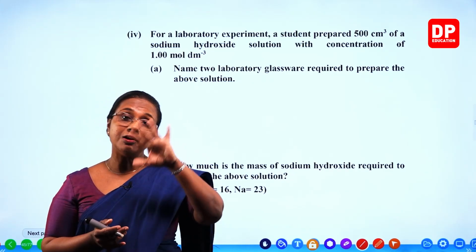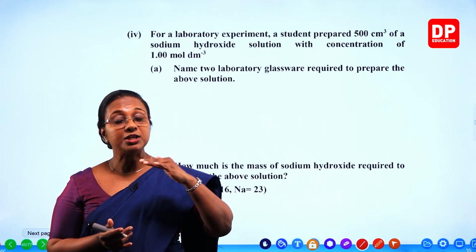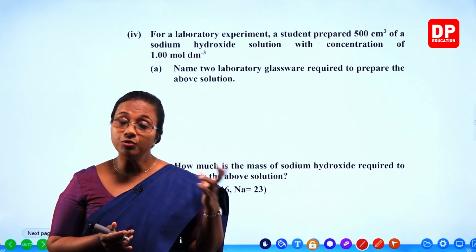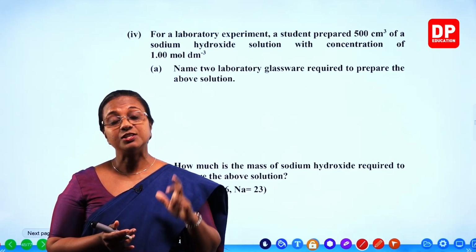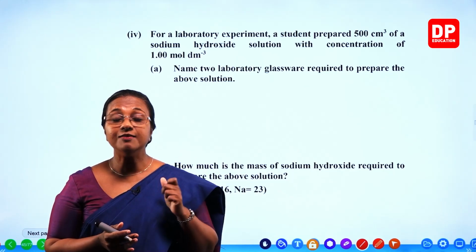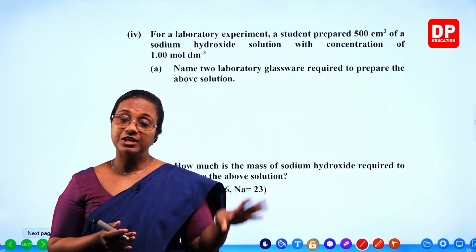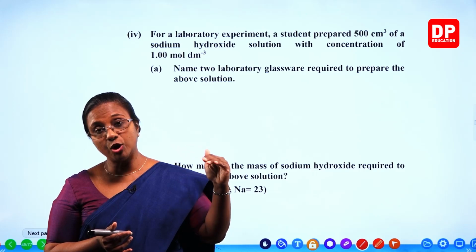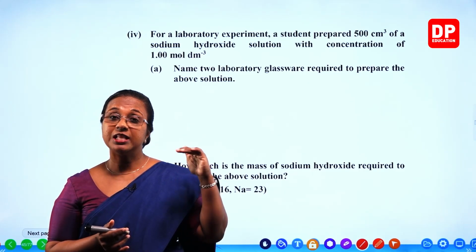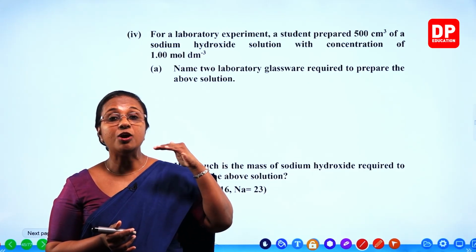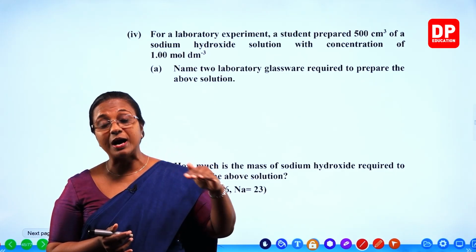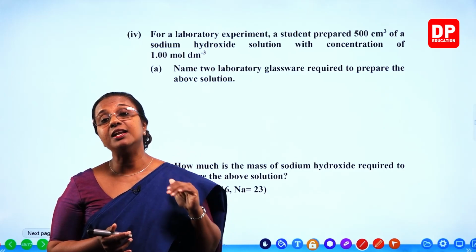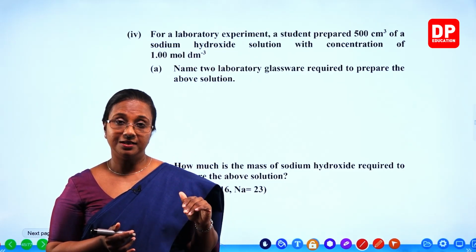So you don't fill all the water into that, but you fill about 3/4 of the volume, and then you mix the solution well, so the solute dissolves well in water. After that, you place it on the table and fill the water up to the volume mark. You have to make sure that the meniscus is on the line with the volume mark line, where your eye has to be at the level of that volume line.